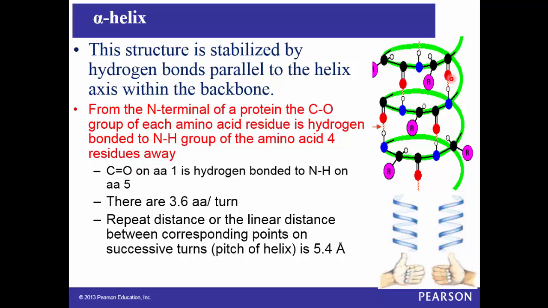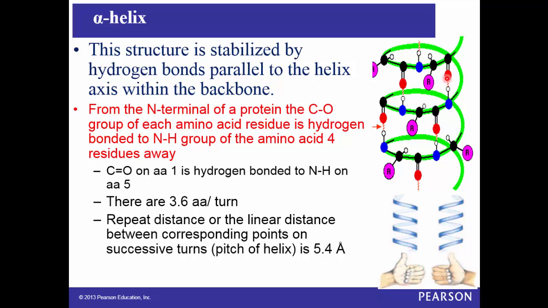Here you can see the hydrogen bonds between amino acid number 1 and amino acid number 4. The C double bond O on amino acid 1 is hydrogen bonded to NH on amino acid number 5.